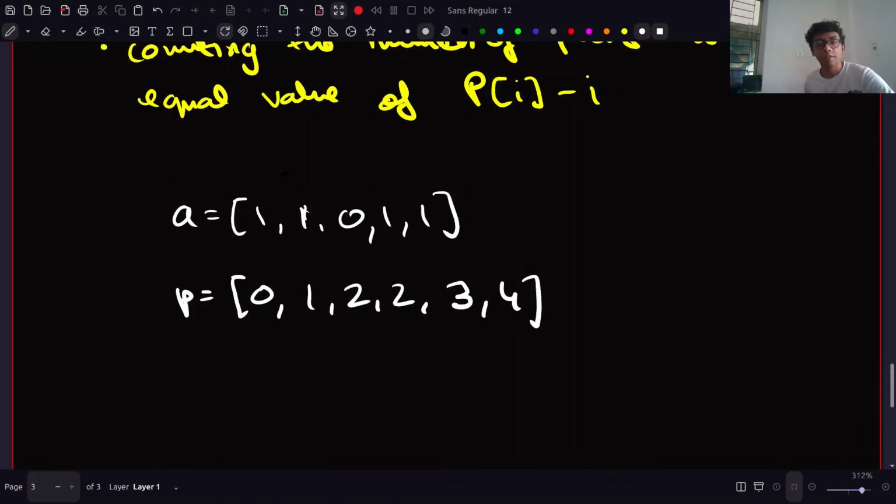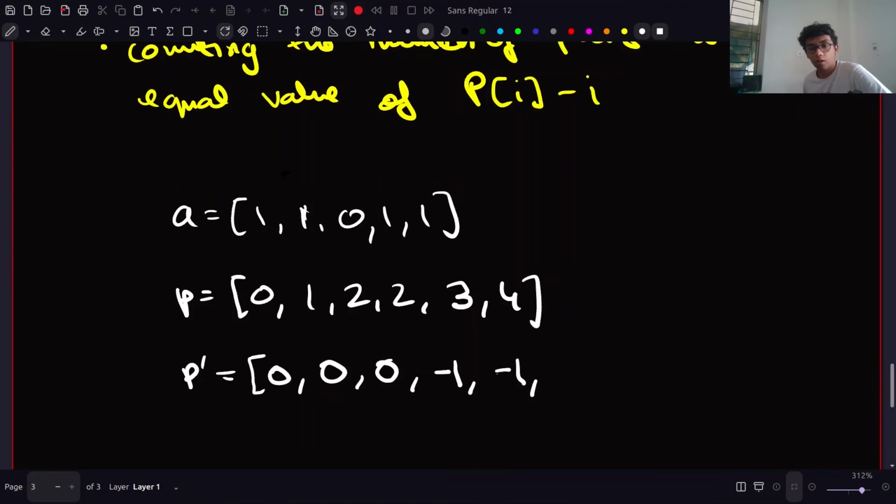Right, now let's make the values of P of I minus I. So that's going to be P dash, let's call it P dash, and that will be 0 minus 0 is 0, 1 minus 1 is 0, 2 minus 2 is 0, 2 minus 3 is how much? 2 minus 3 is minus 1, right? 3 minus 4 is again minus 1, and 4 minus 5 is again minus 1, right?